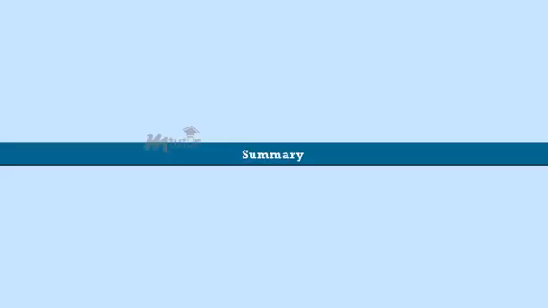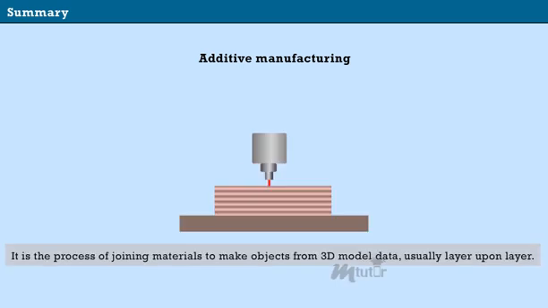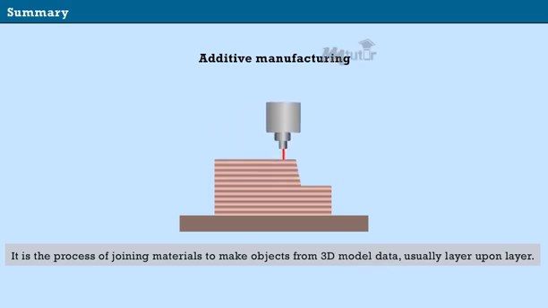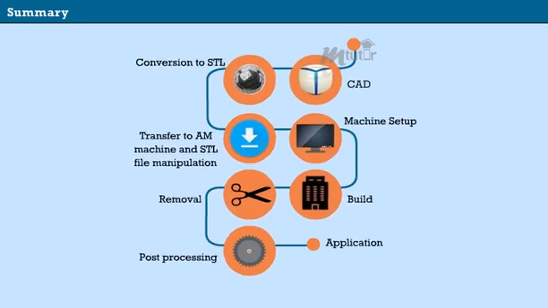Summary. In this lesson, you have learned that additive manufacturing is the process of joining materials to make objects from 3D model data, usually layer upon layer, as opposed to subtractive manufacturing methodologies. Generic process followed by additive manufacturing.